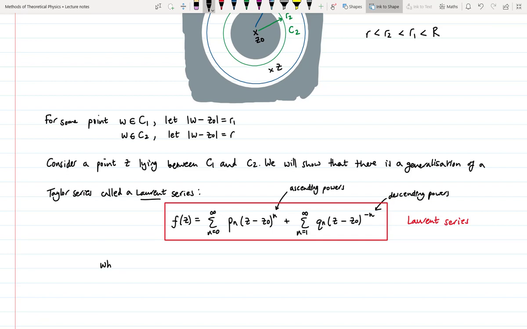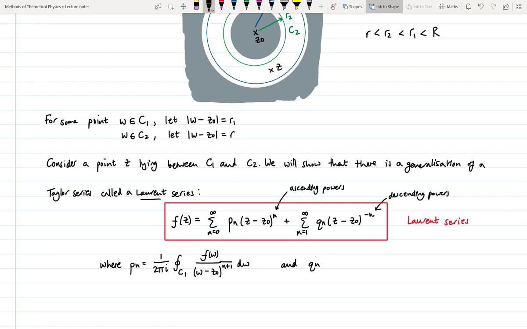I'll note here that the coefficients Pn are given by 1 over 2 pi i, the integral along the circular contour C1 in the picture above, that's the blue circle, of f of w over w minus z0 to the n plus 1 dw. This is where w is constrained to lie on the blue circle C1.